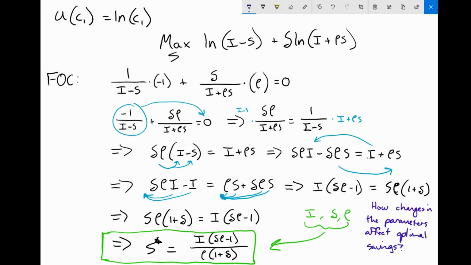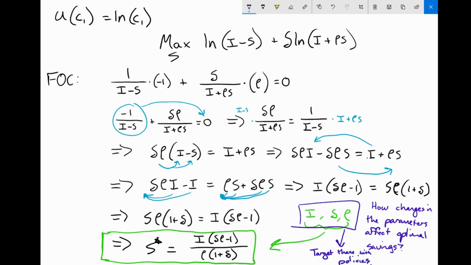Why is that interesting? Well, it's because we can design policies or interventions that target these parameters. We can target these with policies.